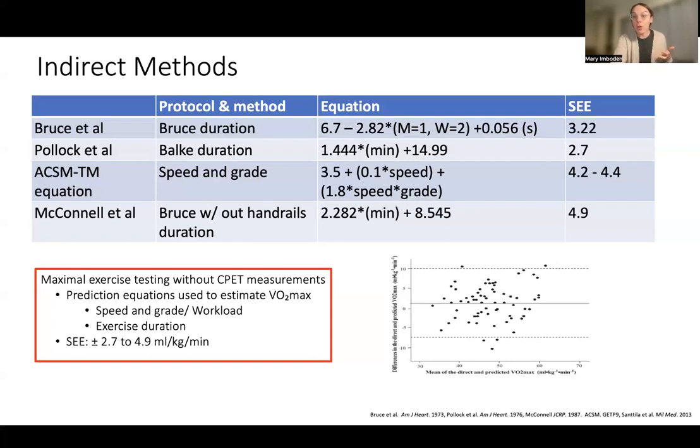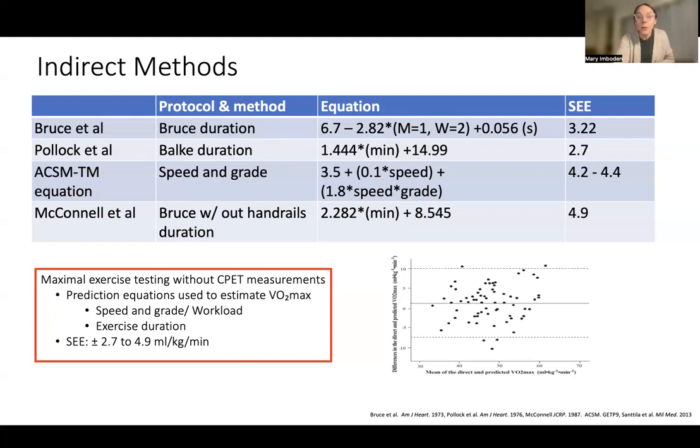And there are some protocols that have been validated now where we actually can use exercise duration, how long they actually performed the exercise test, in the equation to determine VO2 max. One thing I will say is that these equations do come with some error.